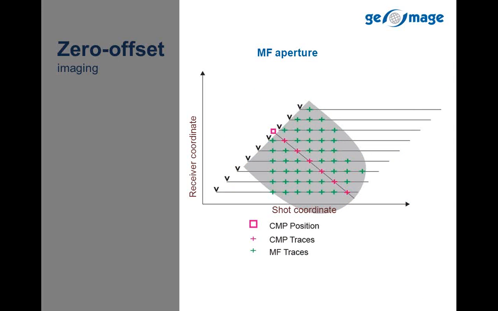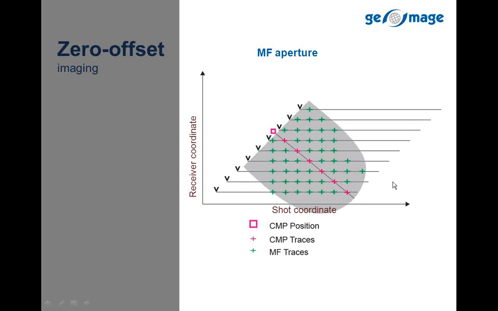This is another representation of the same picture, but in the observed coordinates of source shots and receivers. For a particular CMP position, we now stack all the traces shown with green crosses.